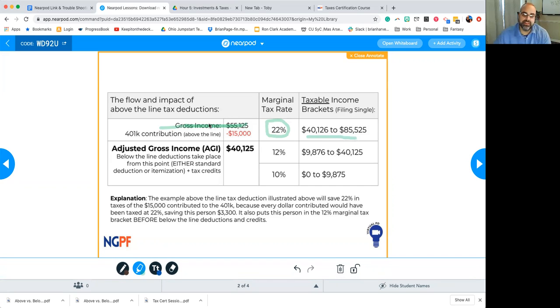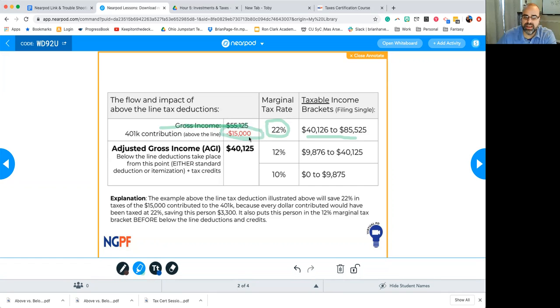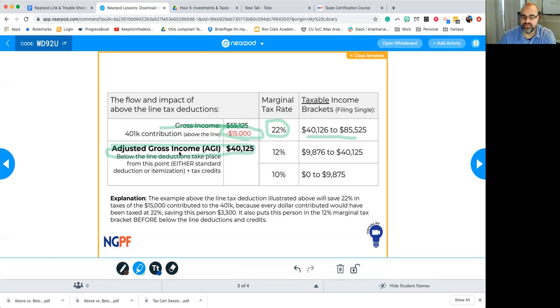Now, this person makes an above the line tax deduction. And for employees, this is primarily contributions for retirement. That contribution is $15,000, and that reduces this person's taxable income to an adjusted gross income, an AGI, of $40,125.